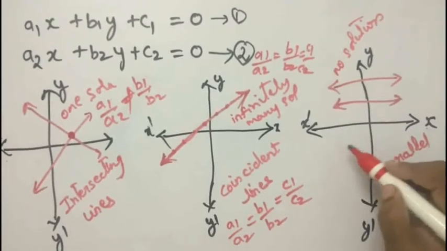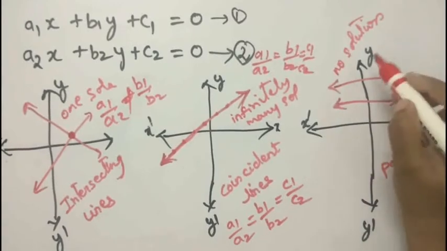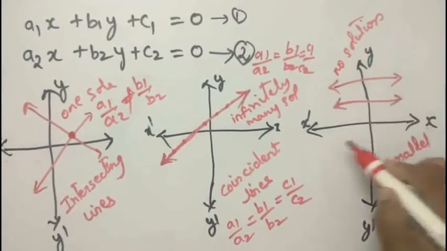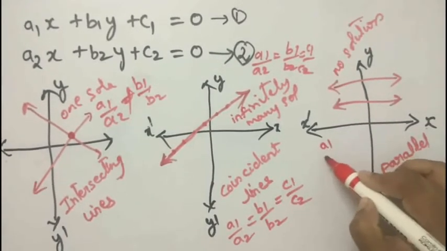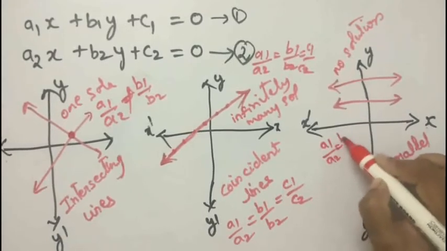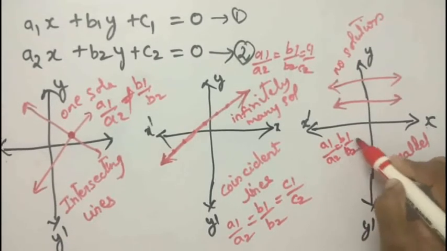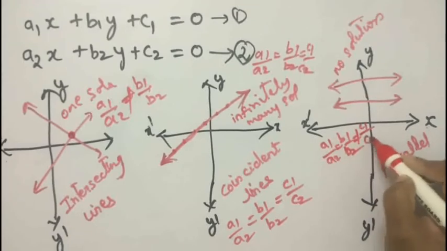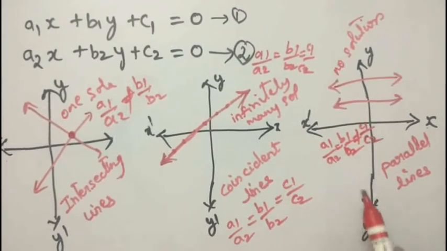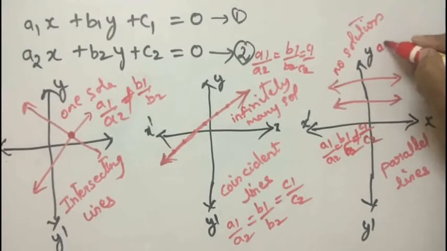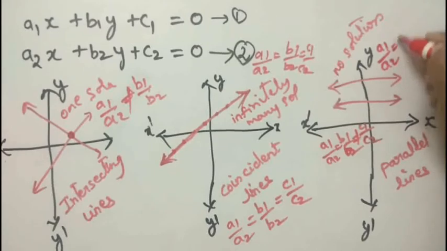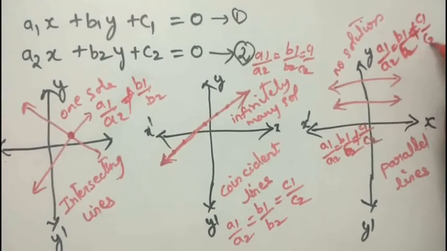That is, the condition for parallel lines is a1 by a2 equal to b1 by b2 not equal to c1 by c2.